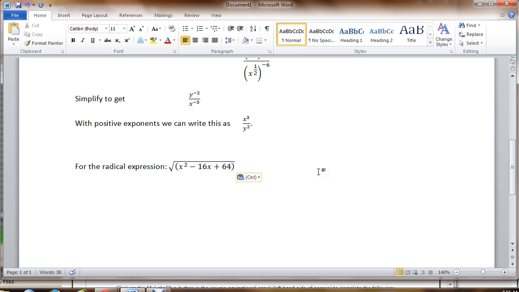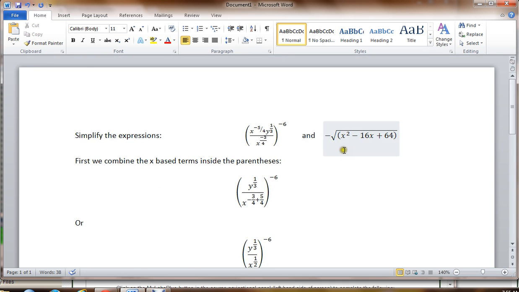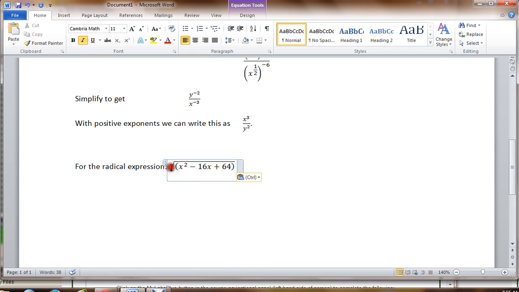The one thing we want to do here is again work inside of the radical, inside of the parentheses. Looks like I lost a minus sign somewhere. We first factor the inside. So x squared minus 16x plus 64 factors into the perfect square x minus 8 times x minus 8.